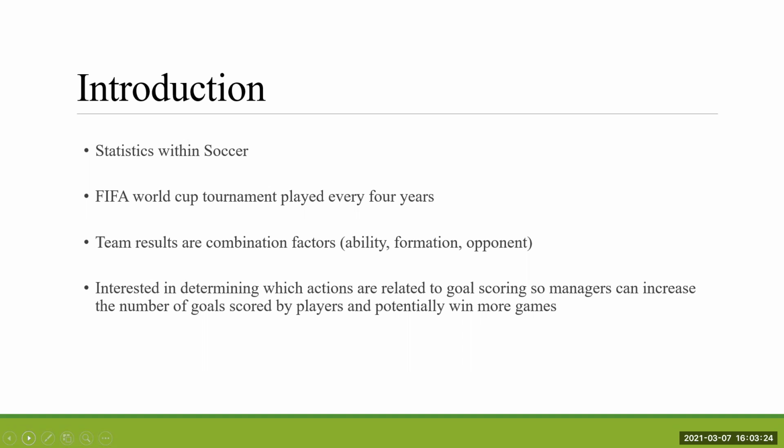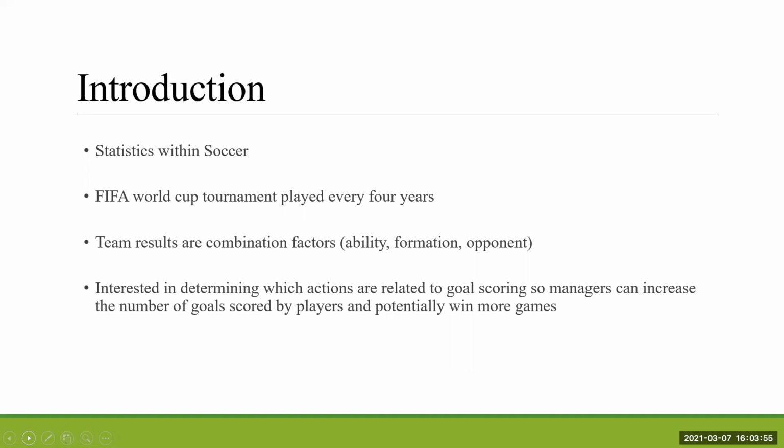Teams spend a considerable amount of money to acquire players, and so we believe statistics is important as it helps managers to scout for players on the open market. So soccer would be played at club level or international level, and our data set was based on the FIFA World Cup tournament, which is an international soccer event that is played every 4 years.